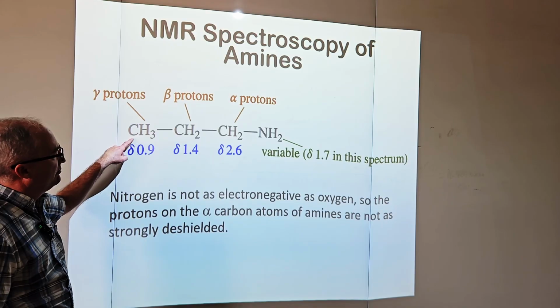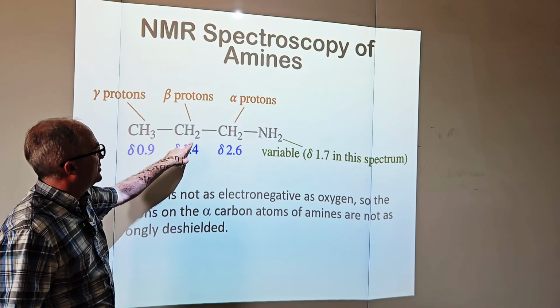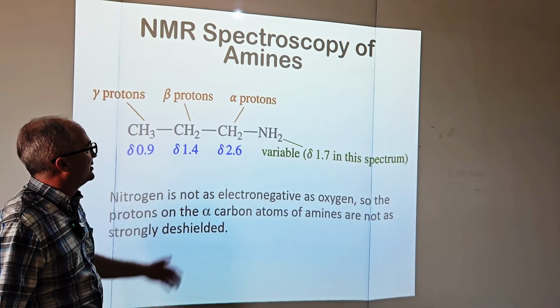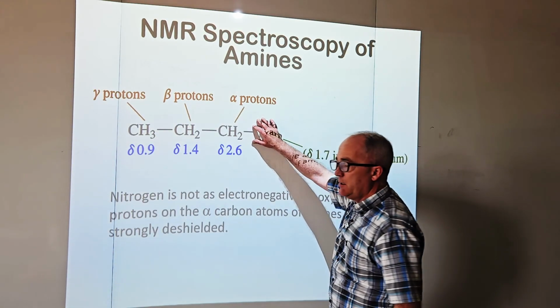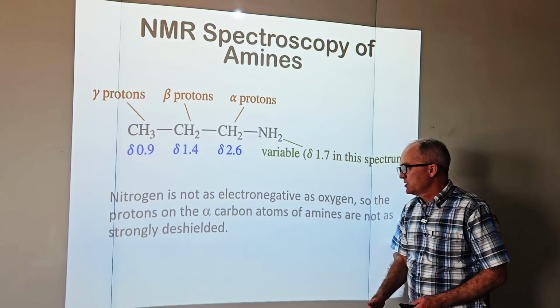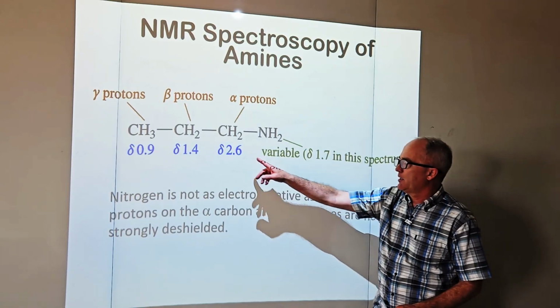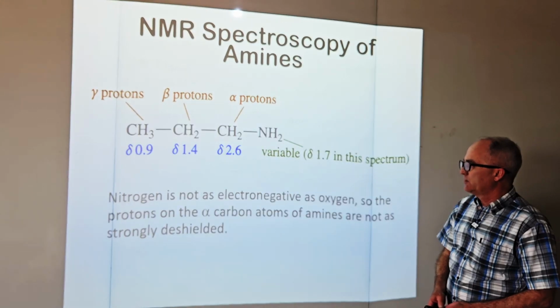So here's propylamine again. Notice here's where your methyl group normally shows up, and it's becoming more deshielded because nitrogen is a little more electronegative than carbon. We may want to compare this to if we had an ether or an alcohol, because nitrogen is not as electronegative as oxygen, so the protons on the alpha carbon are not as strongly deshielded.